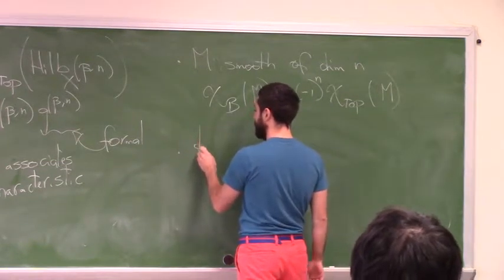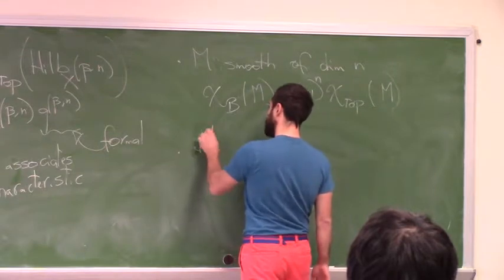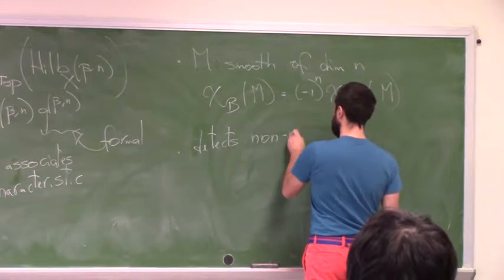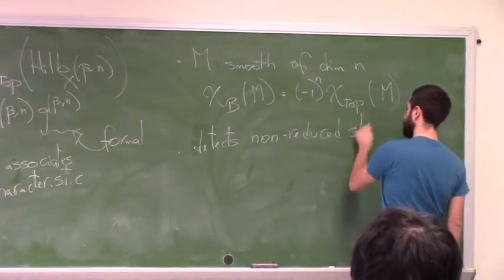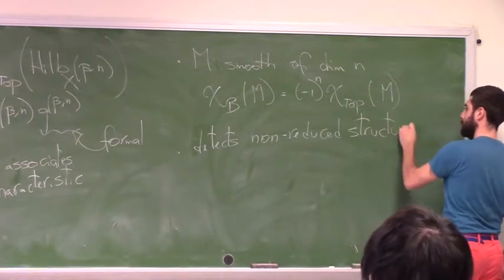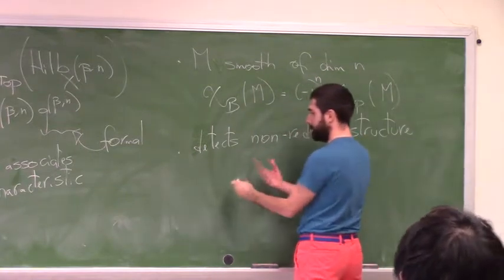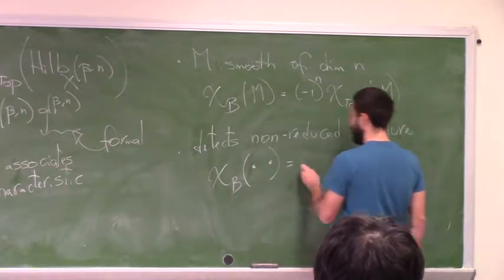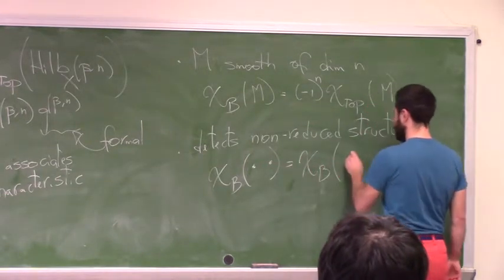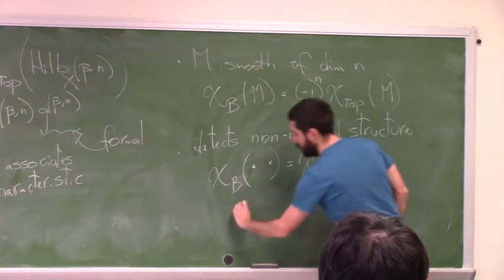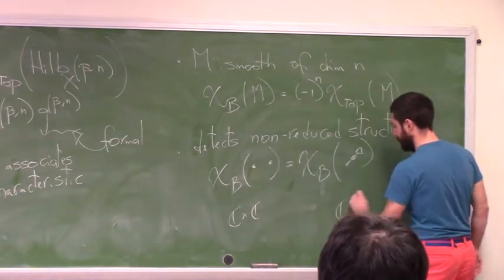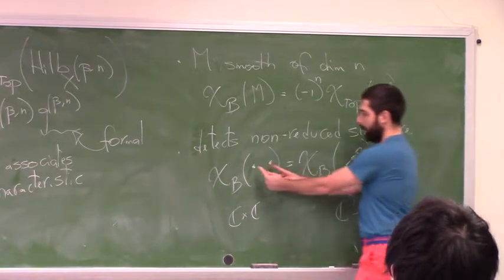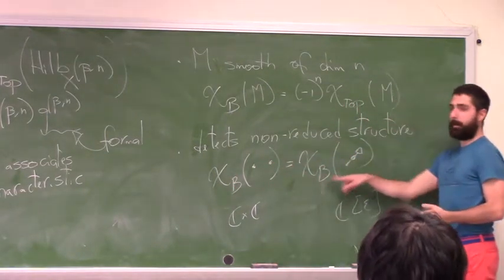The other property is that it detects non-reduced structure, and it's deformation invariant. So for example, the chi-Behrend of two points is the same as the chi-Behrend of a thickened point. Here I have C times C, and here I have C[epsilon]. So this thing is deformation invariant: I let these two points collide, and the chi-Behrend stays the same.